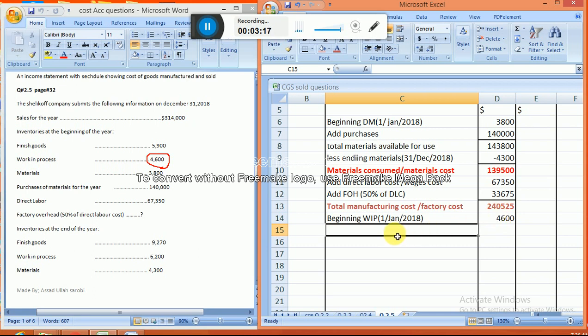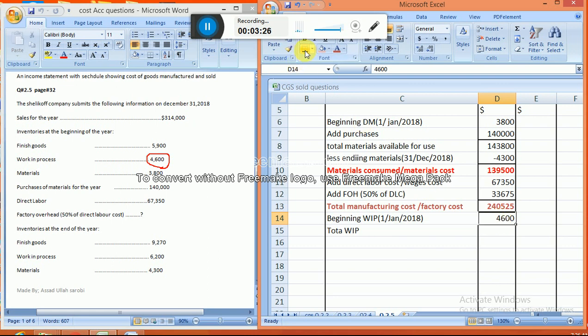To find out the total work in process, WIP. Now how much total work in process do we have? This is very simple.